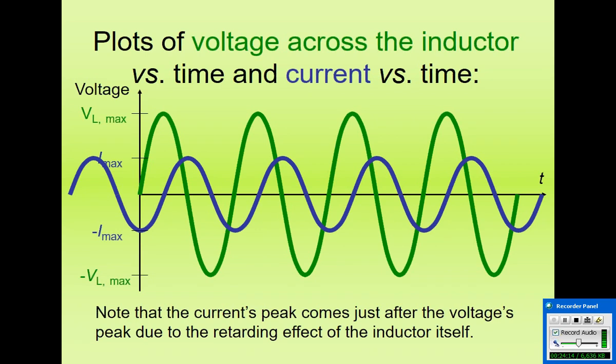So the voltage across the inductor actually occurs at a maximum before the maximum in the current. So we can say that the voltage across the inductor leads the current through the circuit, or the current in the circuit lags behind the voltage across the inductor.